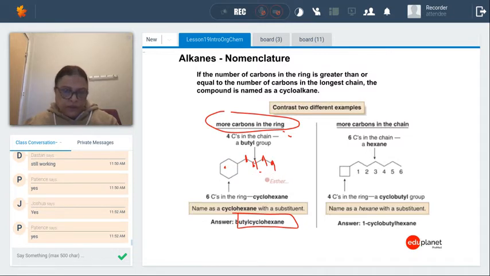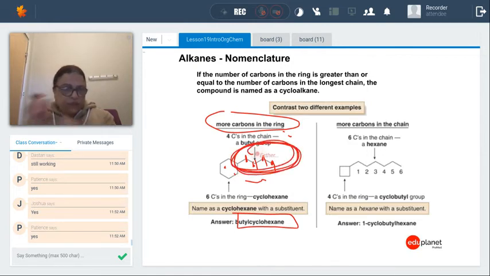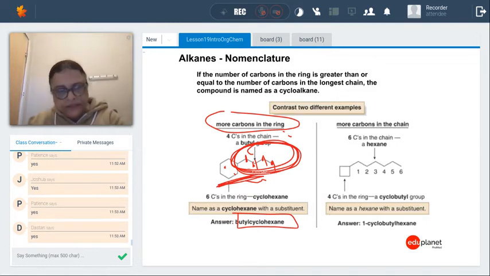And not cyclohexyl butane. So the chain, because it is smaller, that is the substituent, not the ring. Okay, so far so good? So the parent molecule is the cyclohexane.